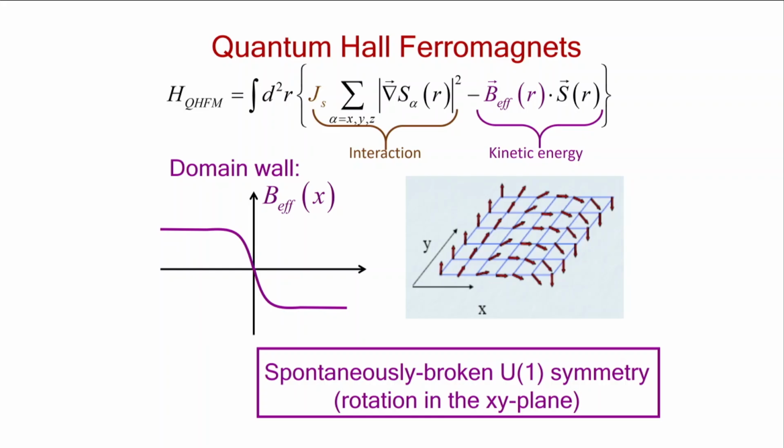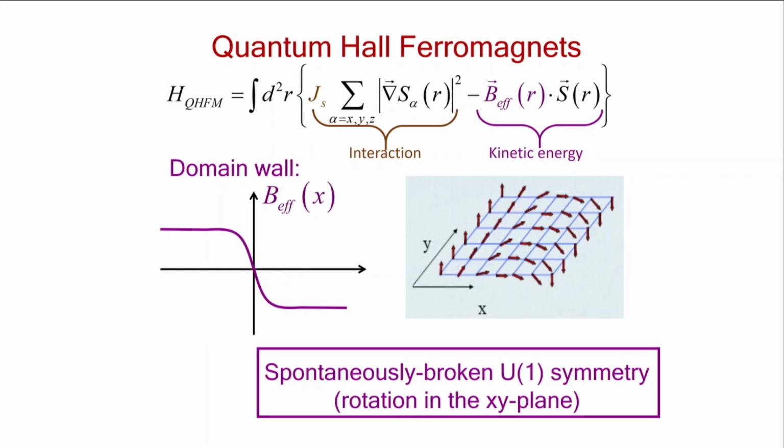the favored spin configuration or the ground state of this thing is now not going to be just a uniform ferromagnet, right? Because you are going to see a domain wall between a spin up polarized ferromagnet to a spin down polarized ferromagnet. What happens in between?